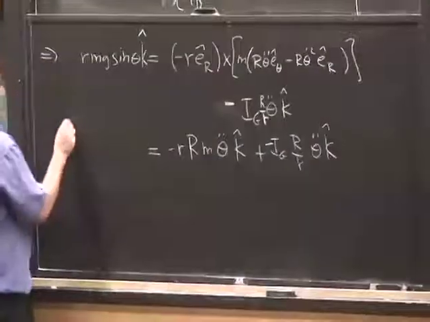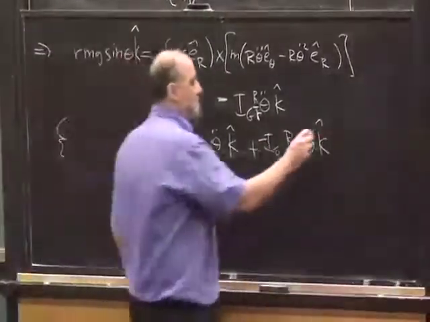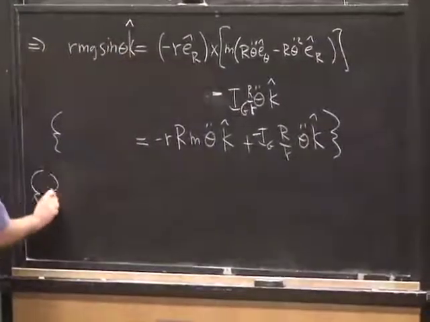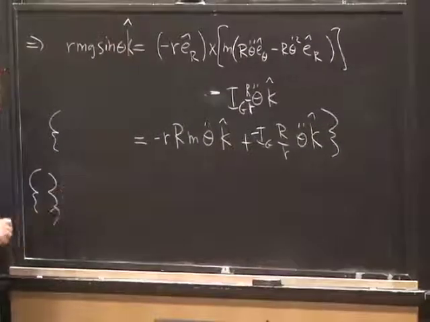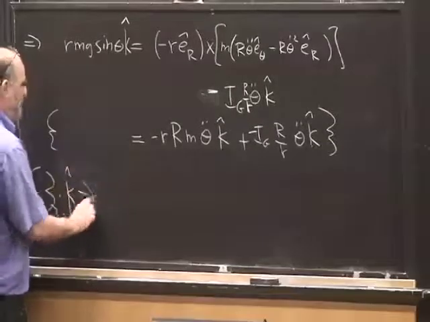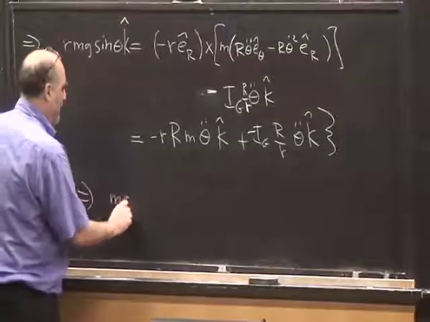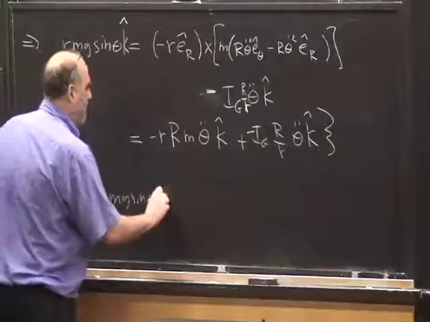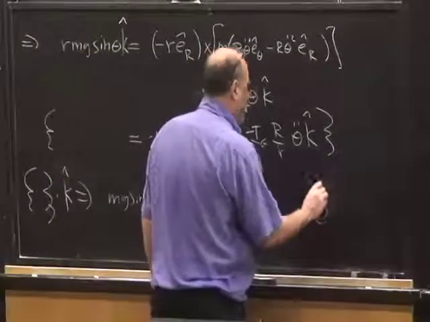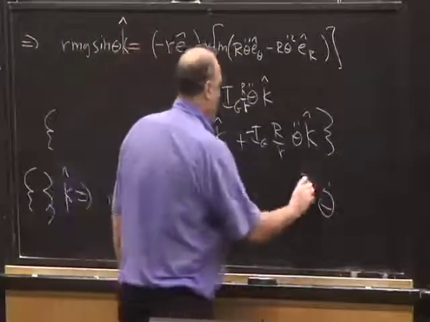Okay, so now we can take this whole expression here and take the dot product with K, and we have mg sine theta is equal to minus something times theta double dot. And what is that something?